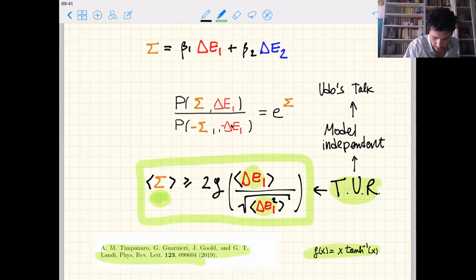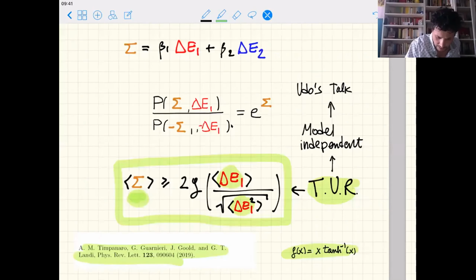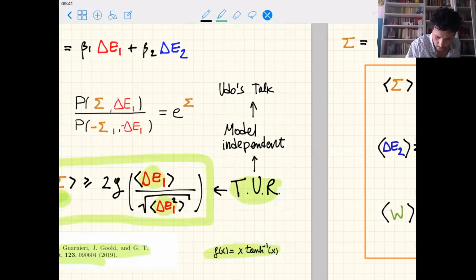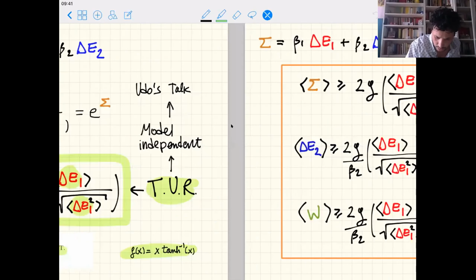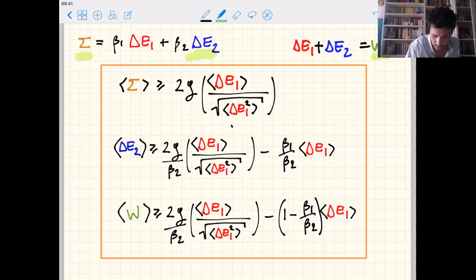Not only, of course: delta E2 is also related to sigma, and W is also related to sigma in delta E2. So you have basically inequalities for both the entropy production for delta E2 and for the work, and they are all expressed in terms of this delta E1 alone.